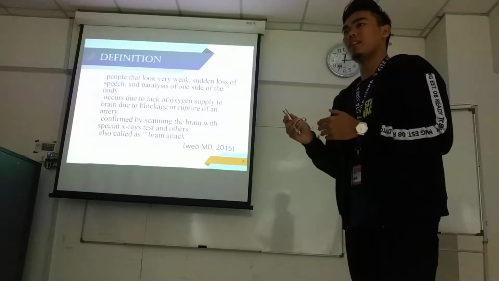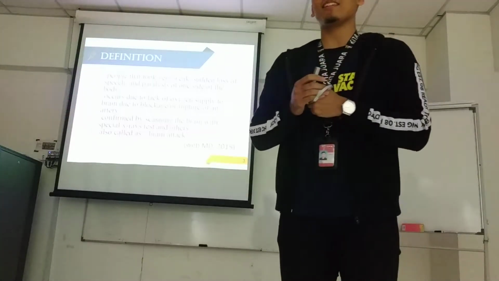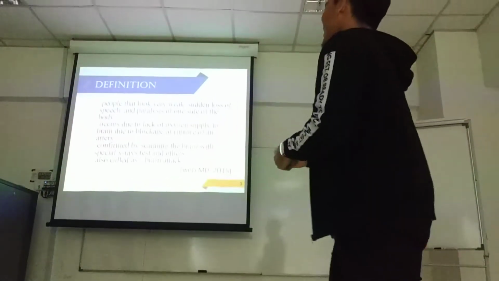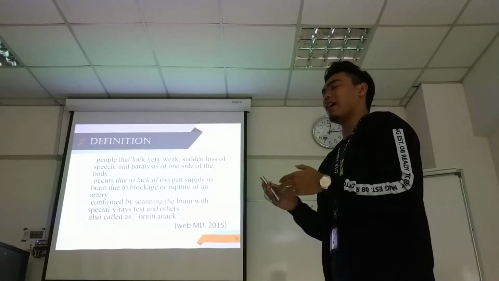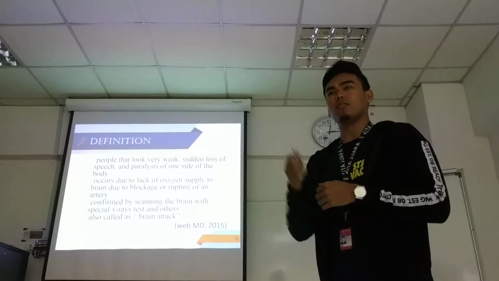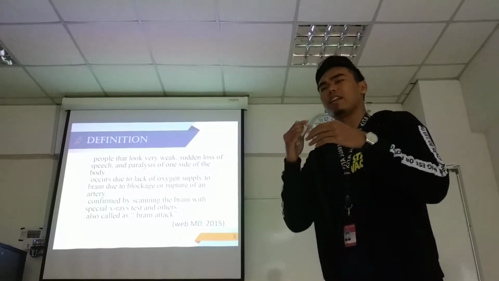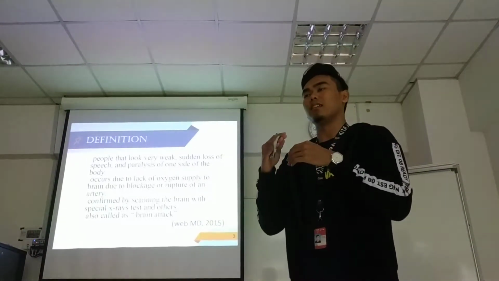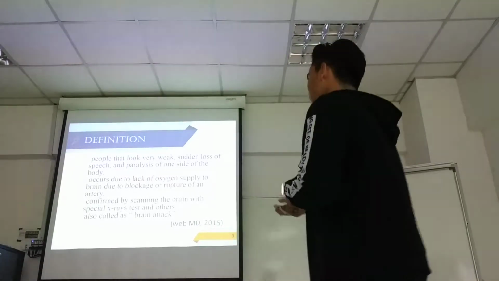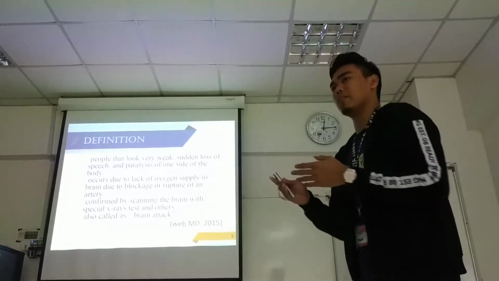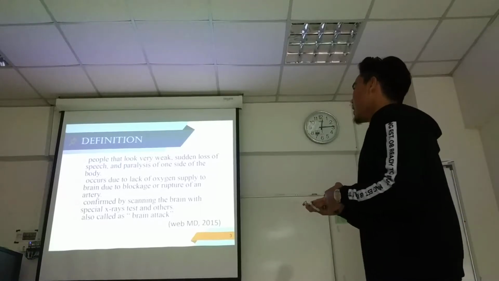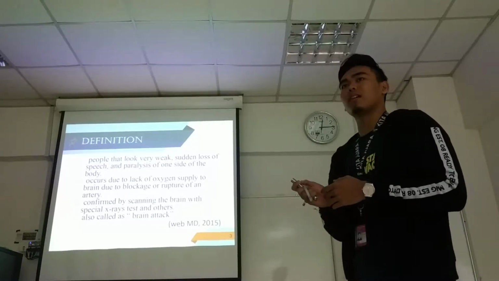Before we start, do any of ladies and gentlemen know what is stroke? No? Okay. Stroke happens because of the lack of oxygen to our brain, which means there is an obstruction in the blood vessel that carries the oxygen to the brain, causing the person to look very weak, have sudden loss of speech, and paralysis on one side of the body.